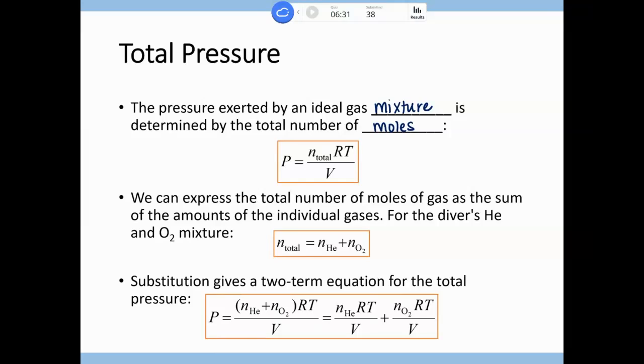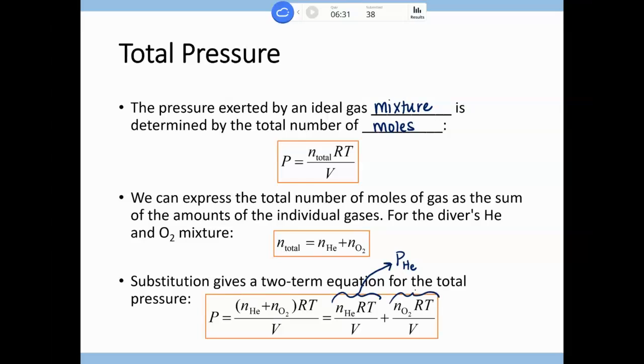Then we have the pressure of helium is equal to the moles of helium times gas constant times temperature divided by volume. Pressure of oxygen is moles of oxygen times RT divided by V. So this part of the equation, moles of helium times gas constant temperature divided by volume, is the pressure of helium.